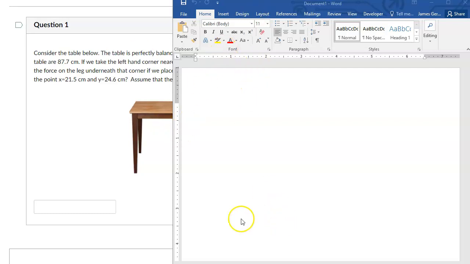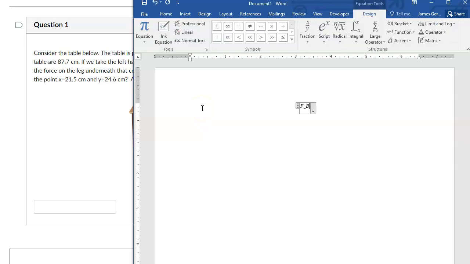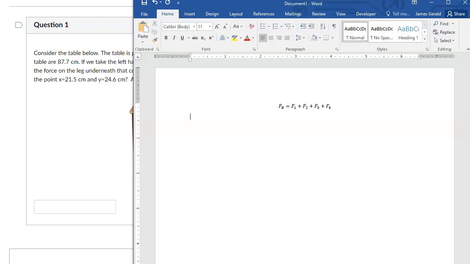Okay, so we've got our table still here in part two, and I'm going to jump ahead a little bit because we already know the weight of the blob is equal to F1 plus F2 plus F3 plus F4. We've already gone over that.